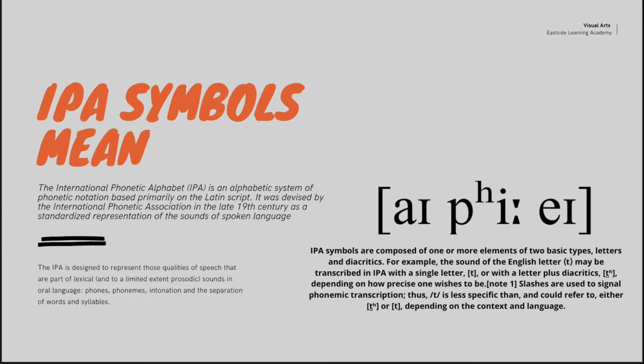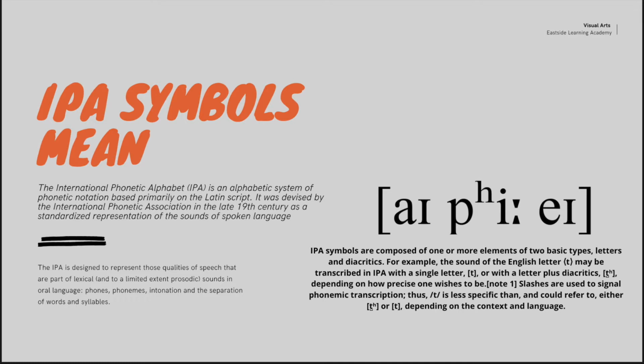The IPA is designed to represent the qualities of speech that are part of lexical and, to a limited extent, prosodic sounds in other languages: phones, phonemes, intonation, and the separation of words and syllables.